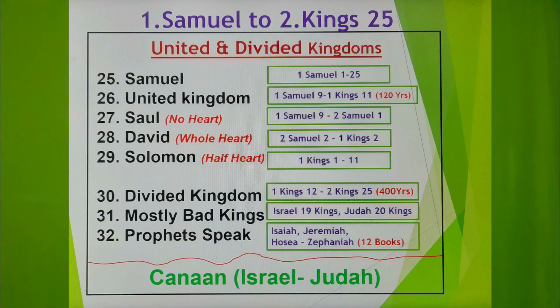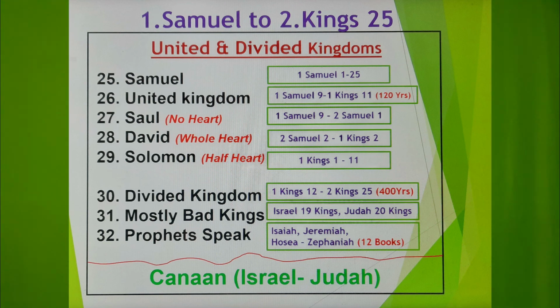It is mostly bad kings, because only 8 good kings were there. And this is the time God is sending the prophets to Israel and Judah. There are 12 prophetical books: Isaiah, Jeremiah, Lamentations, then Hosea to Zephaniah, like that.